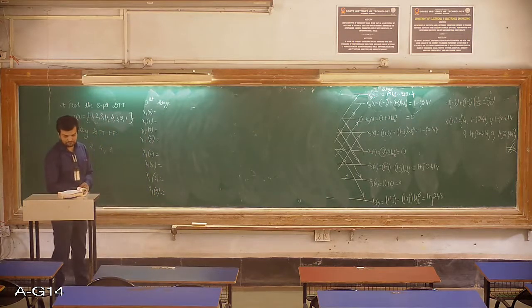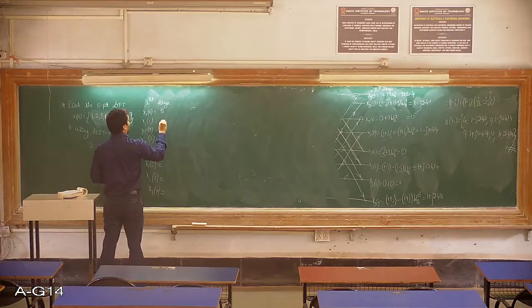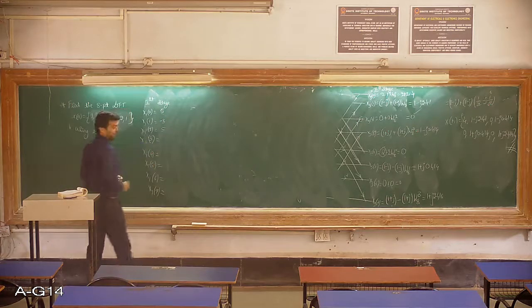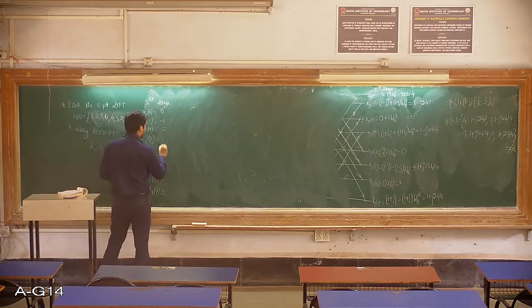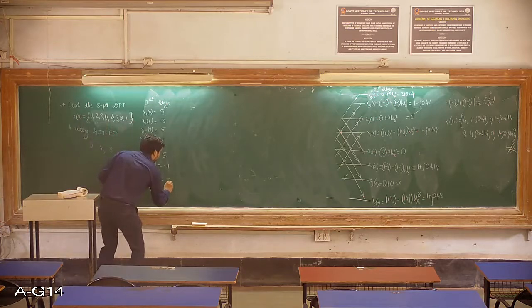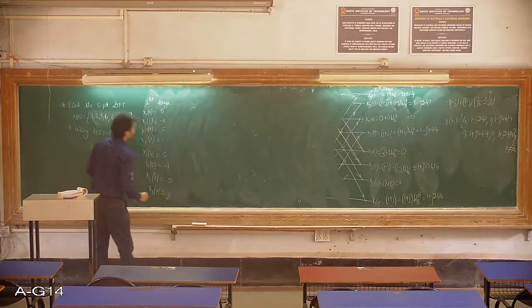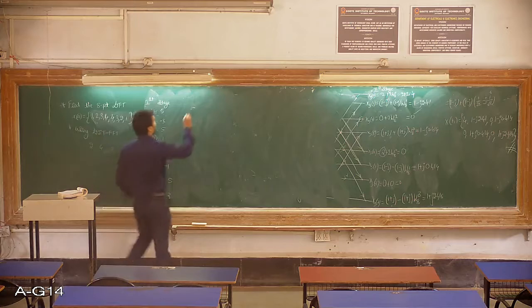The first is 5, minus 3, 5, minus 3, 5, 1, 5, minus 1, and 5. These are the first stage answers after applying the 2-point butterfly diagram.